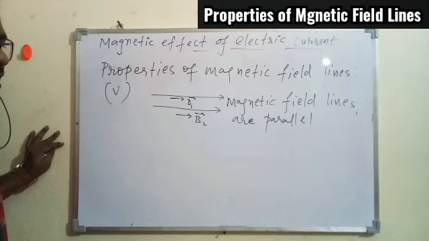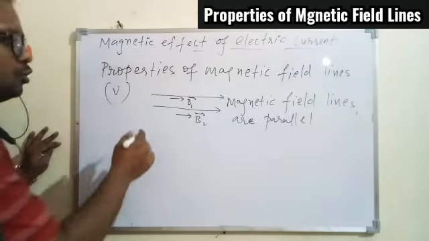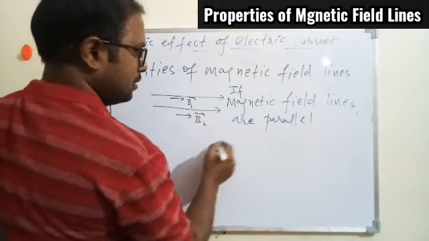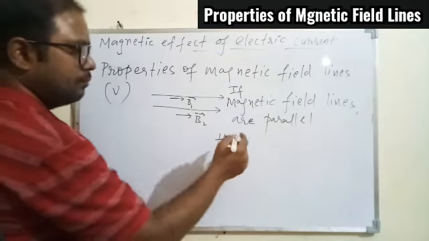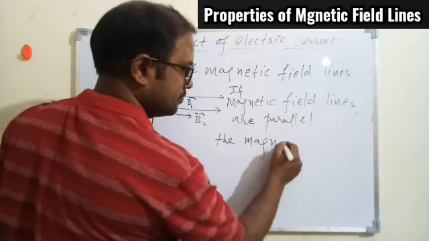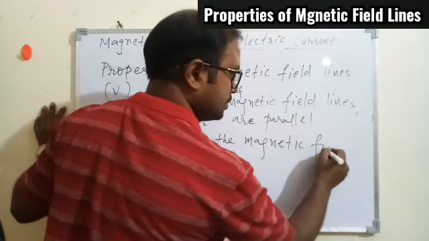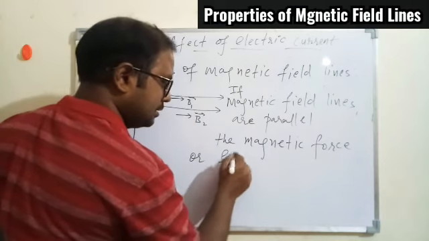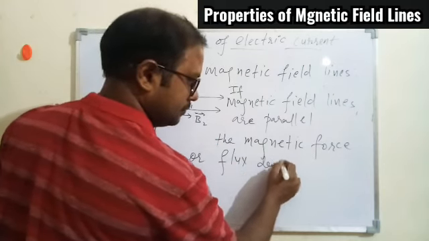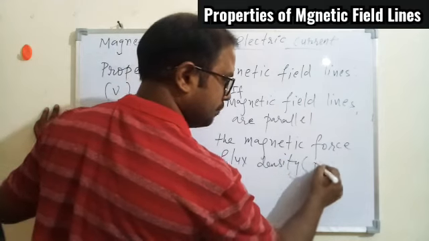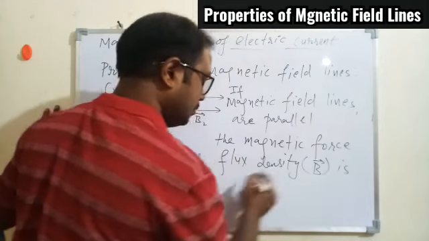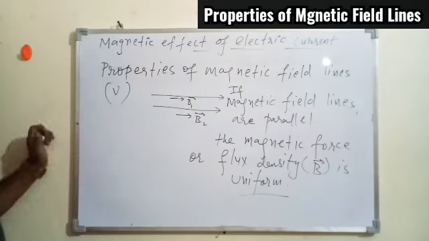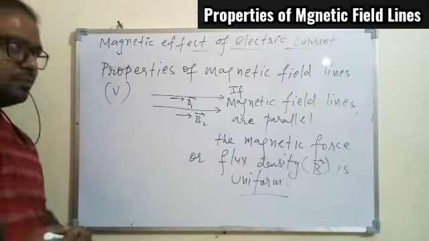If the vectors are parallel, it means they are the same thing. So if magnetic field lines are parallel, the magnetic force or flux density, that is B, is uniform. Uniform is constant, the same everywhere. I hope you understood this much.